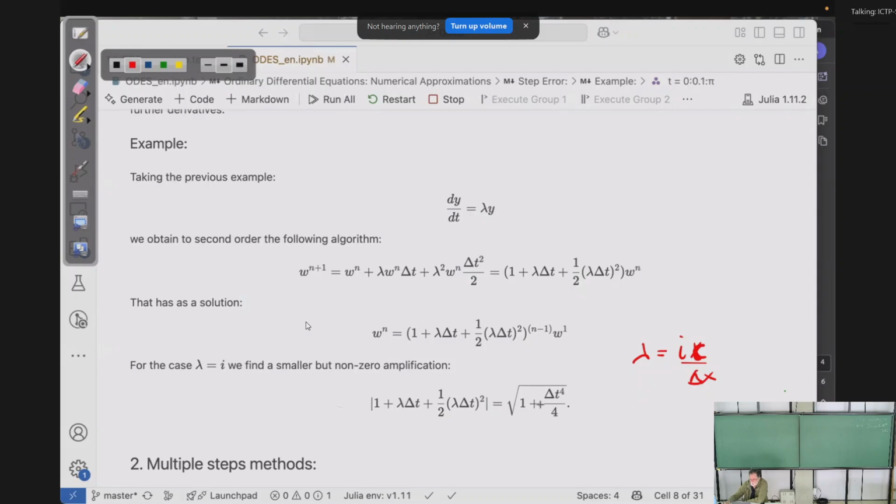Here I'm missing a lambda, this is lambda to the fourth.